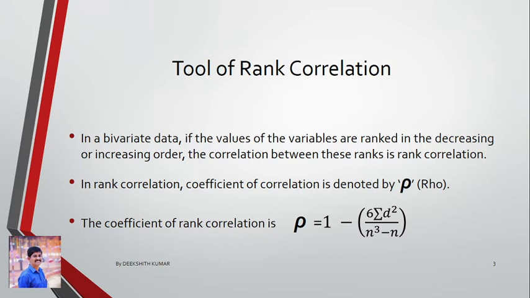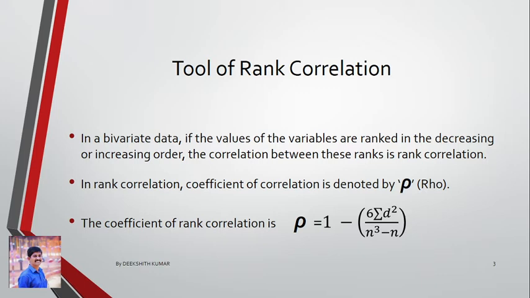Bivariate data, the same data in which Karl Pearson's coefficient is used, can also be calculated by this method, if the values of the variables are ranked in increasing or decreasing order. To calculate rank correlation, the data should be in rank format, either increasing or decreasing rank. So if there are ranks, then the correlation between these ranks is called rank correlation.